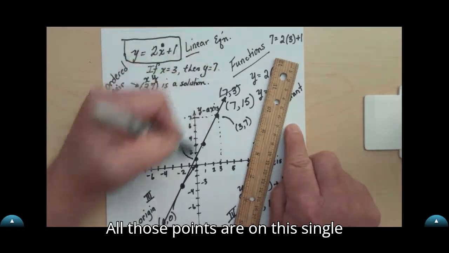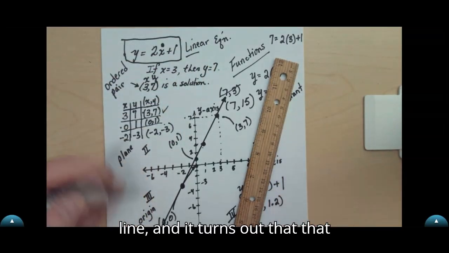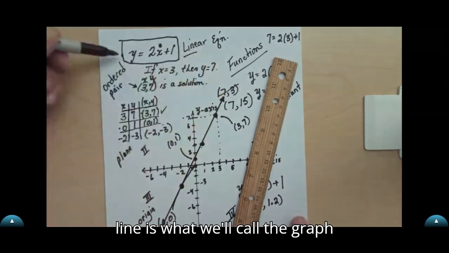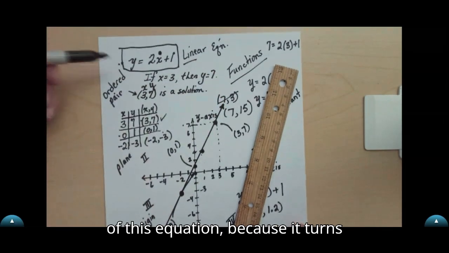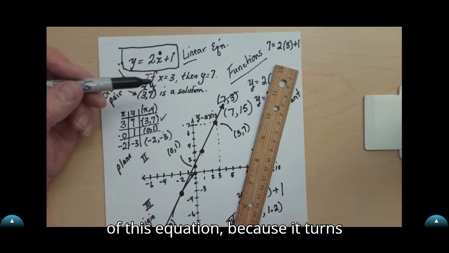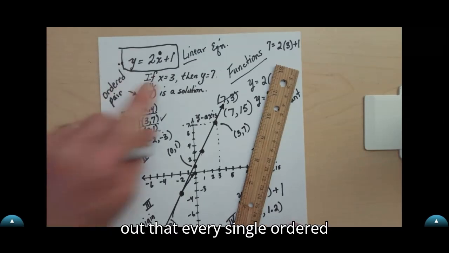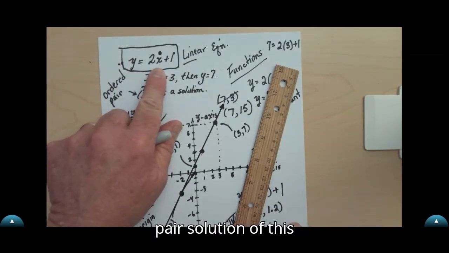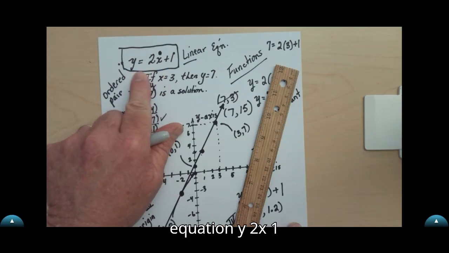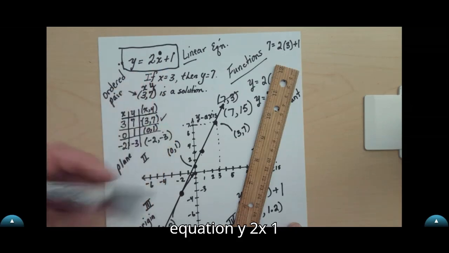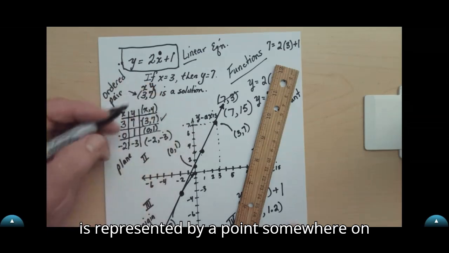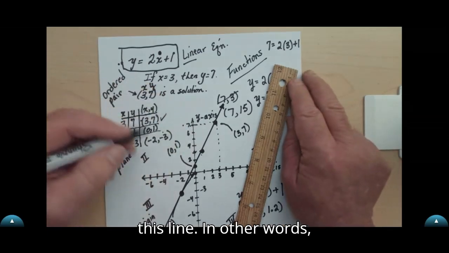All those points are on this single line. And it turns out that that line is what we'll call the graph of this equation, because every single ordered pair solution of this equation, y equals 2x plus 1, is represented by a point somewhere on this line.